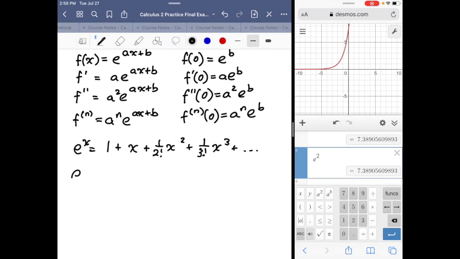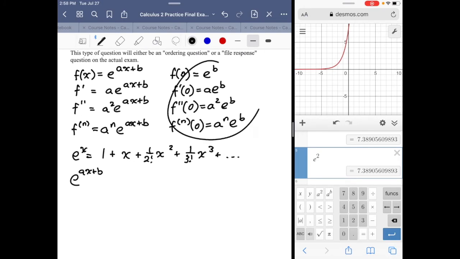So now I'm going to write e to the ax plus b using this information here. So same general structure, except now my numerators are going to be different. So e to the b plus my first derivative was a e to the b.